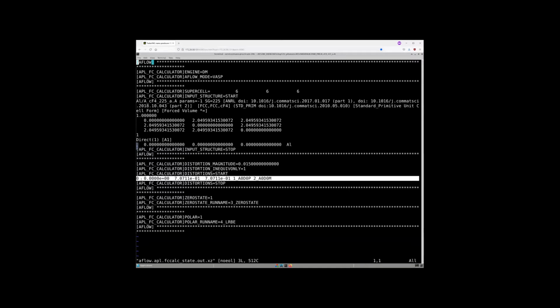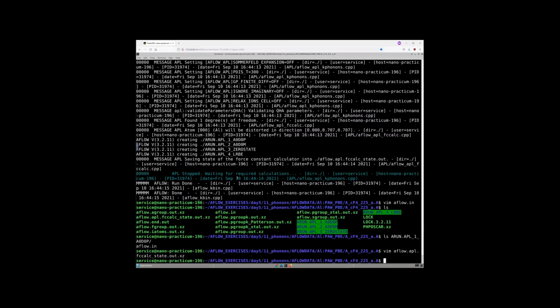This is done because we want the most symmetric distortions, because the more symmetric our material is in the end, the less expensive our DFT calculations are. So this is an important vector to keep in mind.